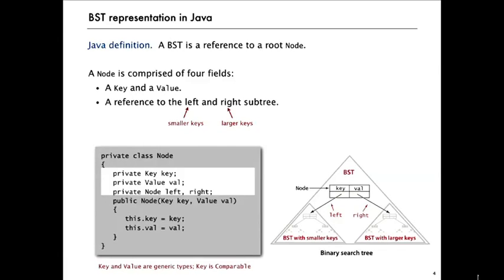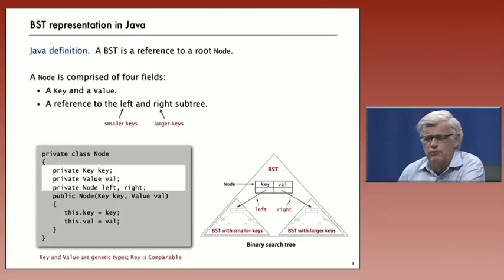So here's what the code is based on. The inner class that we'll use to implement nodes has four instance variables, all of which are private as usual: a key of type Key, a value of type Value, and then references to a left and a right node.